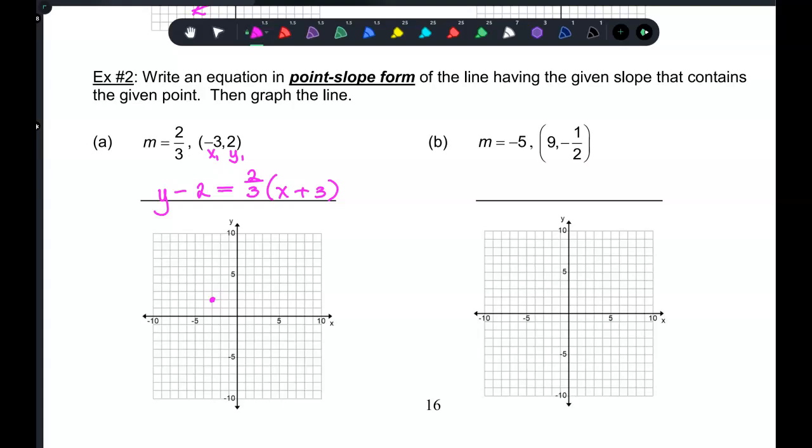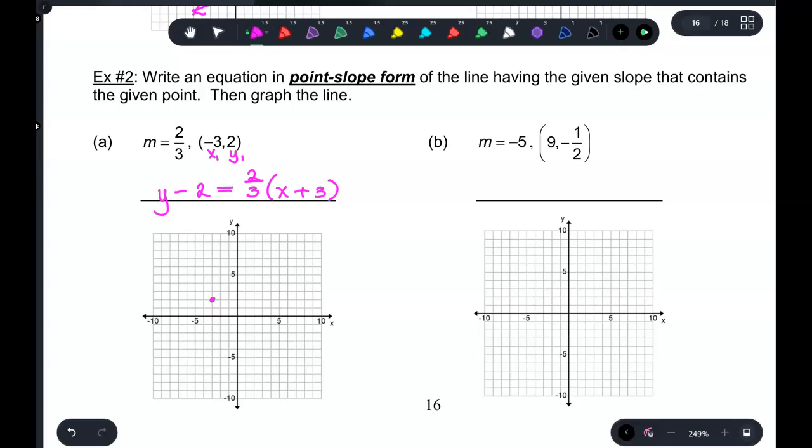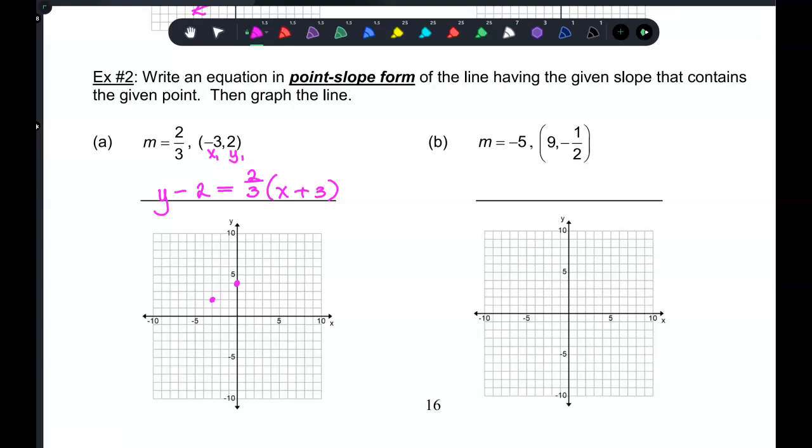And what's the slope? 2/3. So from this point, we're going to count up 2 and to the right 3. So we start with the ordered pair, and then we count using the slope that was provided. There's no reason for us to figure out what b is in this case.